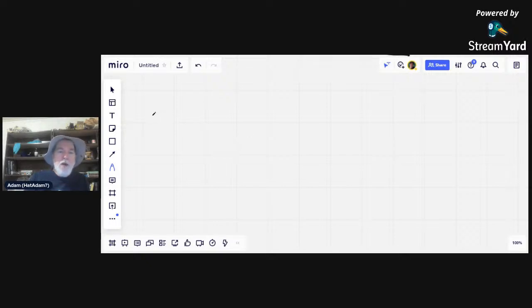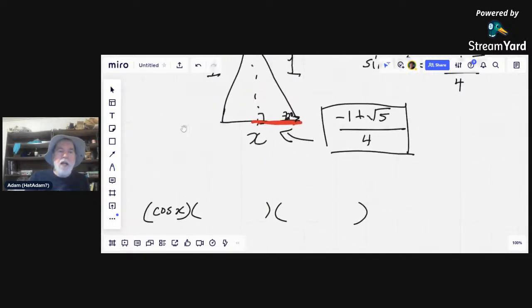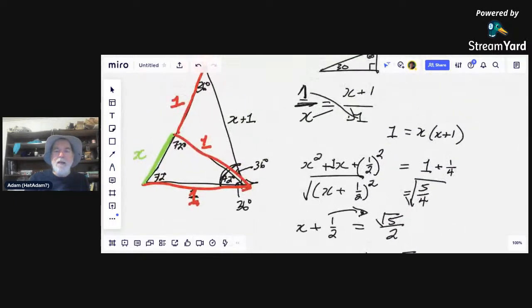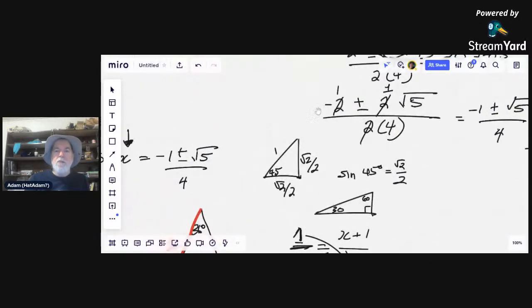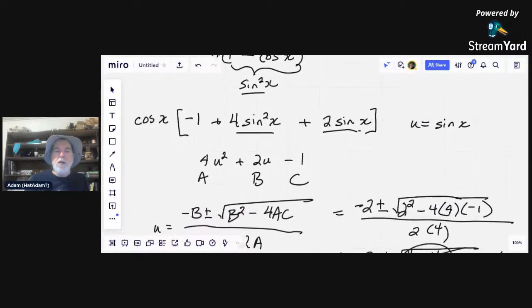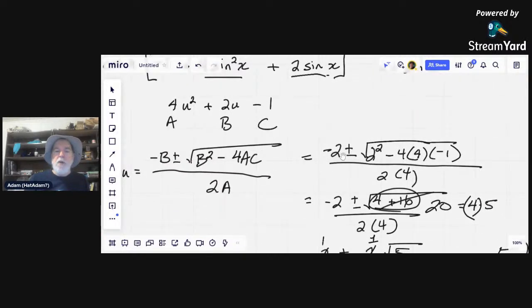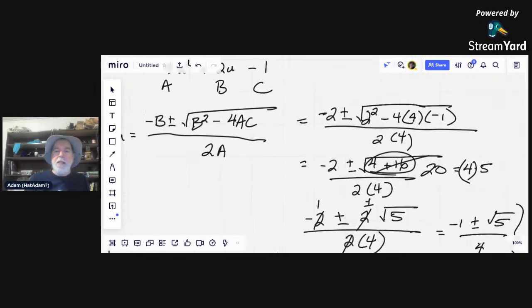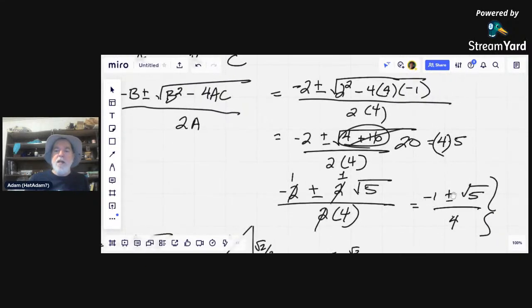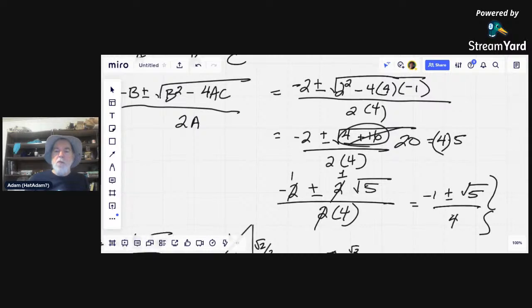So what did we have here? We've got the cosine of x. This is our factored thing, times a quadratic, and what was that quadratic? Okay, scroll. Negative 1 plus or minus the square root of 5 over 4.